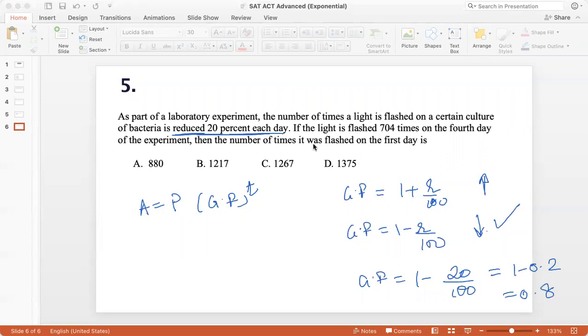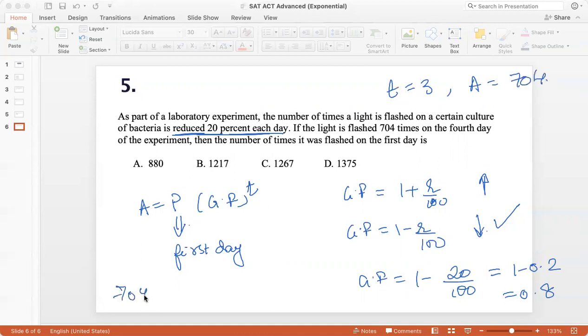Now, let's say on the first day, the number of times it was flashed was P. Then on the 4th day, how many time periods are there between the first and the 4th day? 3 time periods, right? Second, third, fourth, so 3 time periods. So when t is 3, A is given as 704.